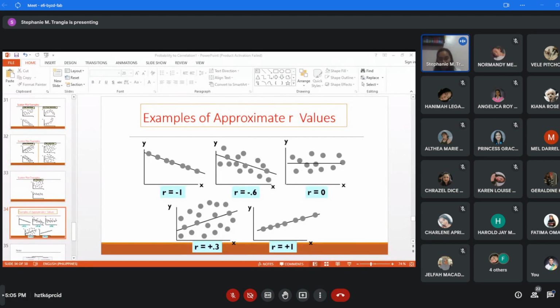And if it follows a straight line, that is a perfect relationship, so R is equal to +1. R ranges from -1, meaning perfectly inversely related, to positive 1, a perfect positive relationship.